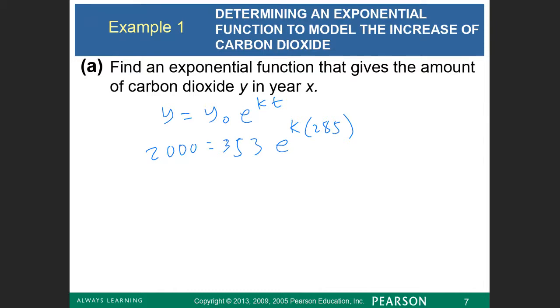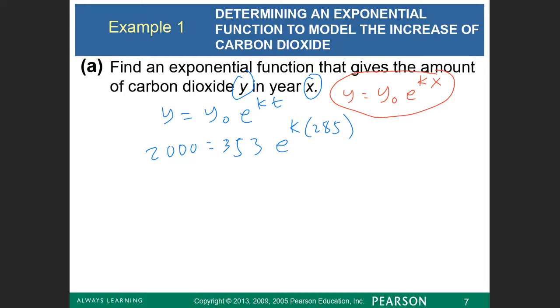Okay. If you want to change the t here in terms of x, because you have y and x here, we can rewrite the equation into y equals y sub 0 e power of kx, which is our t. So it's just the same thing. We're just replacing the variable. And then from here, we can find our k.